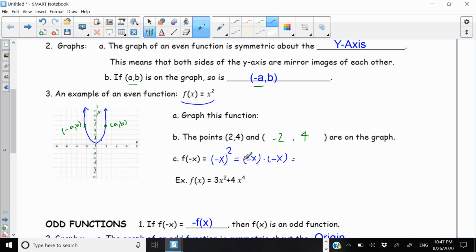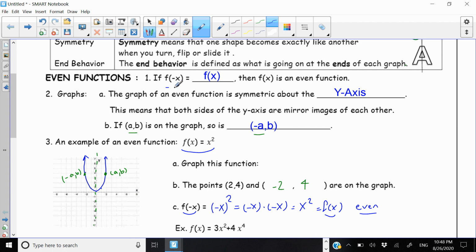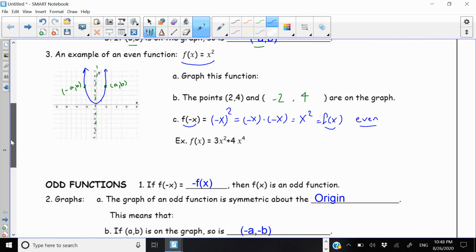And we know that negative x times negative x will be positive x squared. And as you see, this is exactly the original function. It's equal to f of x. So because f of negative x is equal to f of x, we say this is an even function. So that's what I meant over here when I said f of negative x equal to f of x, then it's an even function.